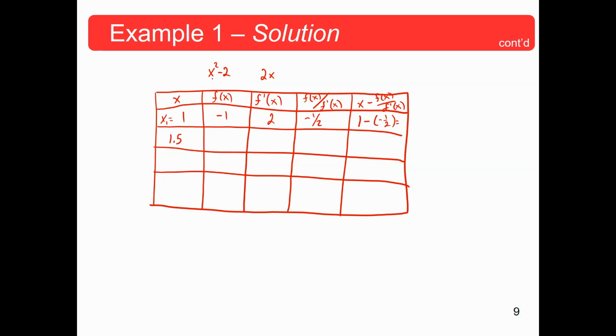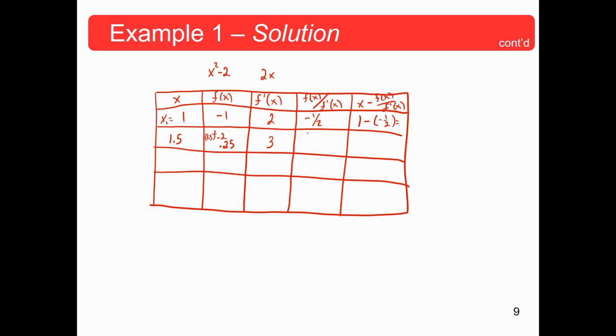Now, I'm going to plug 1.5 in here, so I get 1.5 squared minus 2. So I'm going to use my calculator. 1.5 squared minus 2 equals 0.25. Now, 2 times 1.5 is just 3.